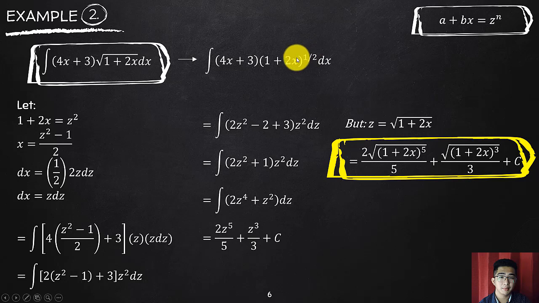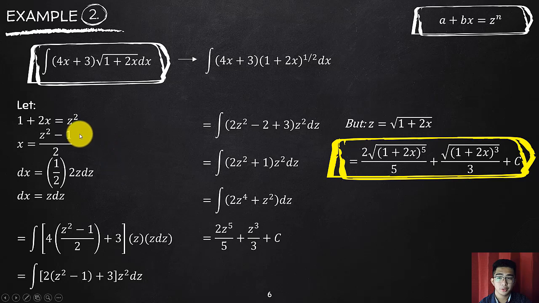So the least common denominator of 1/2, since it's a single fraction, is simply 2. So what do we do? We substitute a plus bx equal to z raised to n. Our a plus bx is 1 plus 2x, not 3 plus 4x, correct? Because 1 plus 2x is the one with the fractional exponent, okay? So we substitute 1 plus 2x equal to z raised to 2, the LCD of 1/2.